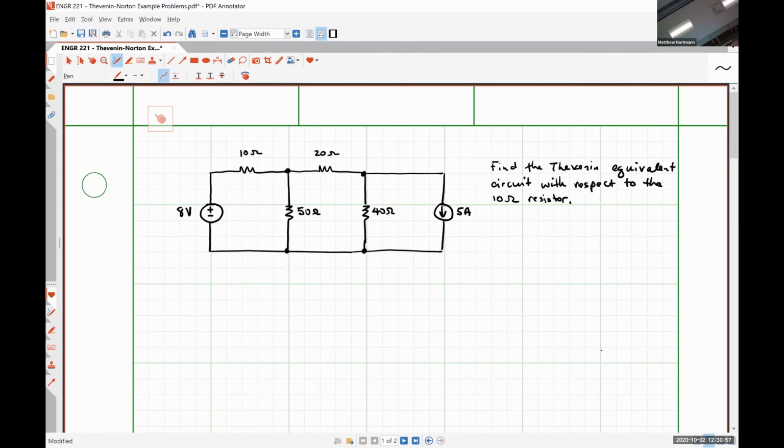It is actually this guy right here. And so we're just going to replace the 10 ohm resistor for now with an open circuit.